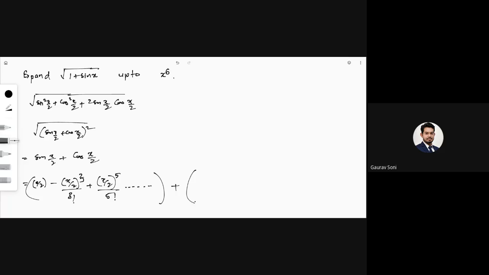Plus 1 minus x by 2 square upon 2 factorial plus x by 2 raised to 4 upon 4 factorial minus x by 2 raised to 6 upon 6 factorial and so on. So you add it and you will get the series. But you have to simplify it. Look, I haven't simplified. I have stopped here.